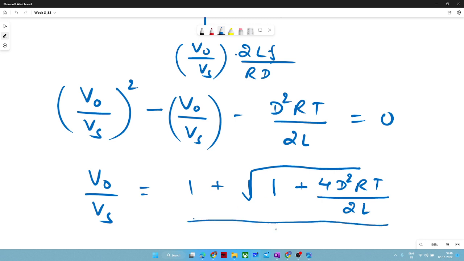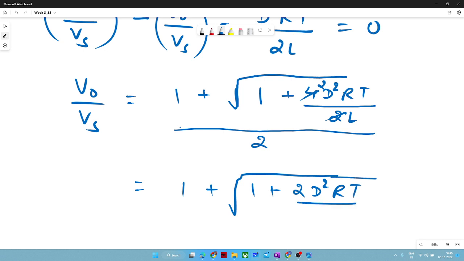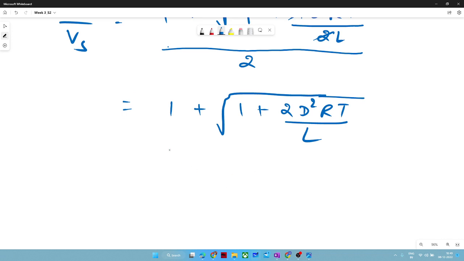Sorry, fine. So this 2 and 2 will be cancelled. So finally you will be left with 1 plus under root 1 plus 2D square RT by L, whole divided by 2.